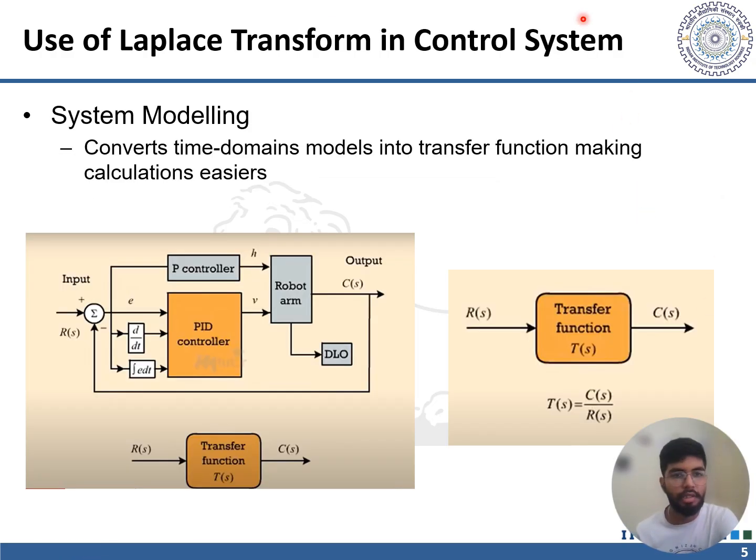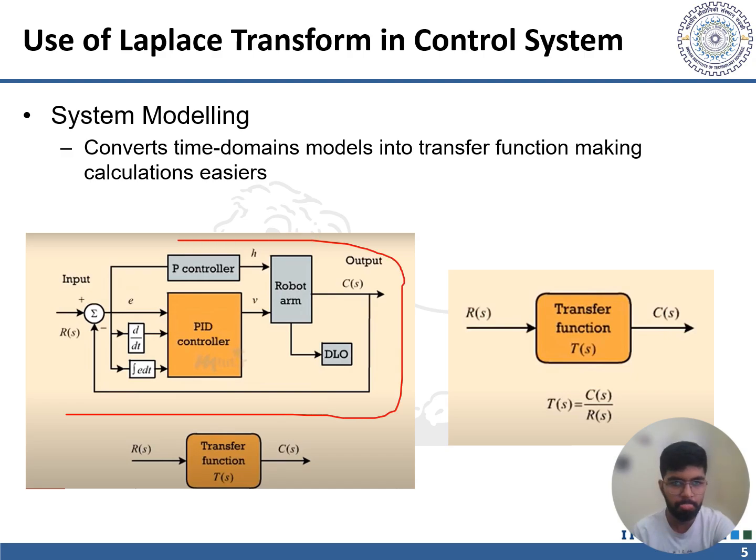So now we'll discuss the use of Laplace transform in control systems. First of all, system modeling. For example, you can see that there is a complex circuit, and the input is this and the output is this, and you have to solve it.